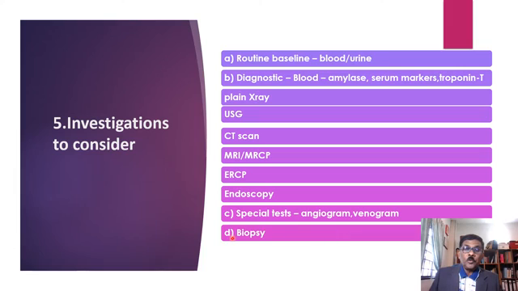And finally, tissue biopsy, which can be the FNAC or true cut core biopsy.